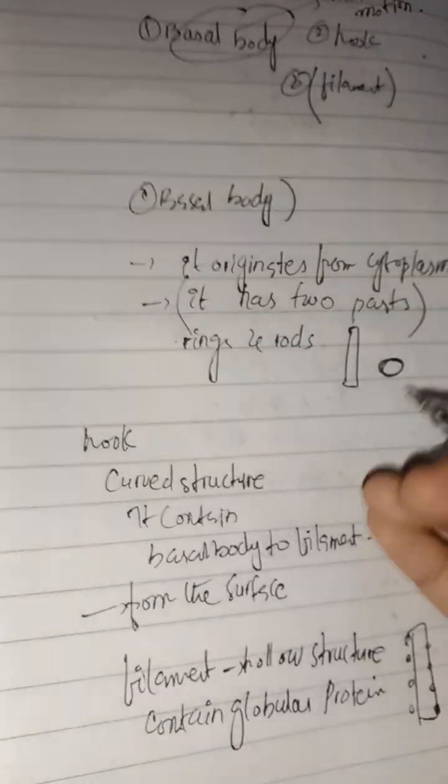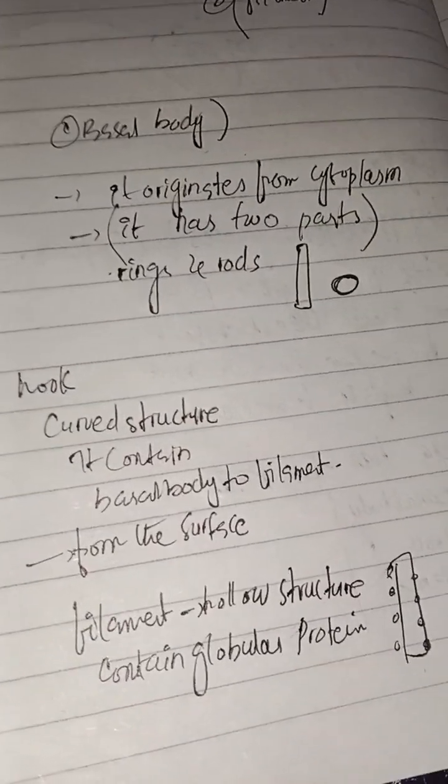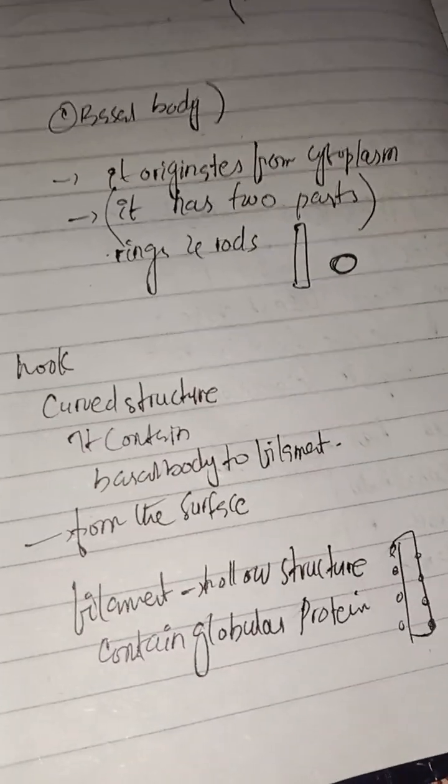So this is all about the basal body, hook and filament. These are the parts of the flagella, and we have discussed the bacterial appendages: number 1 is flagella and number 2 is pili. The rest I will discuss in the next video.